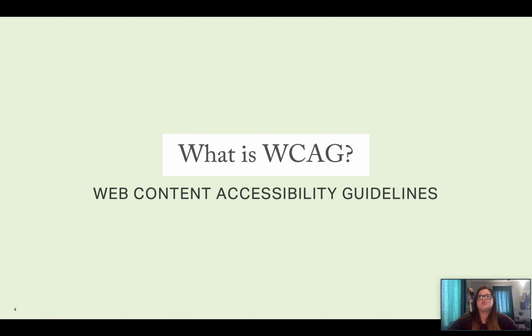There was a lot that changed between 2008 and 2018, mainly mobile phones becoming a thing. The first iPhone came out in 2008. So that was a lot of what the 2.1 draft focused on: mobile accessibility and cognitive disabilities. The technical documents are developed by the Accessibility Guidelines Working Group, or the AGWG.